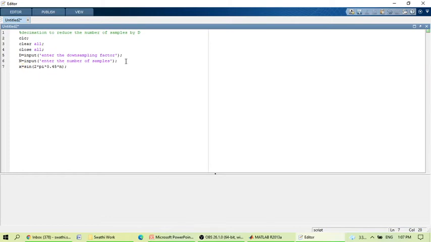I will write in the comment line so that you can understand very easily: defining the input signal x of n. Whatever signal x of n is given in the problem, that you have to define. For example, instead of sine, if they give an exponential, x of n equals e power 85n, then you write exp of 85 into n. Whatever input signal they have given, that you have to define.